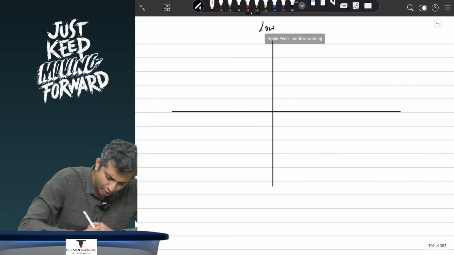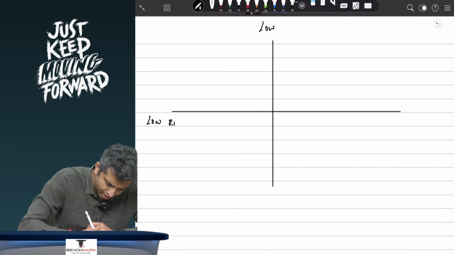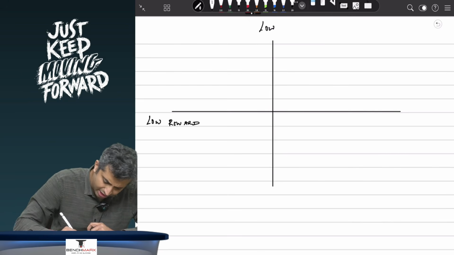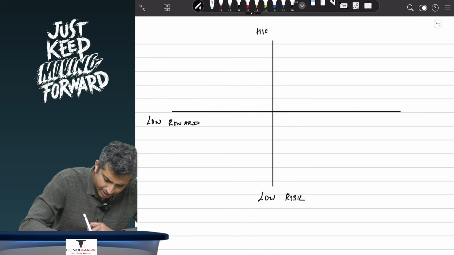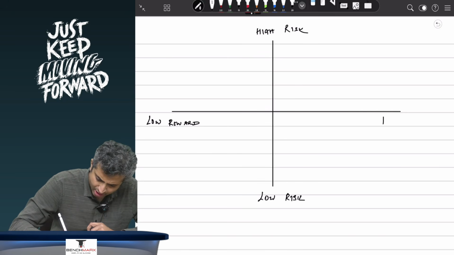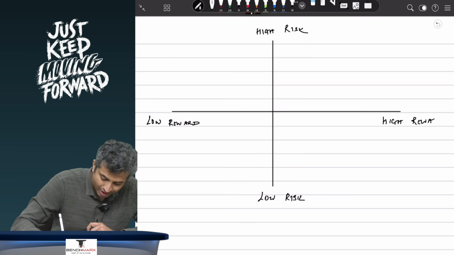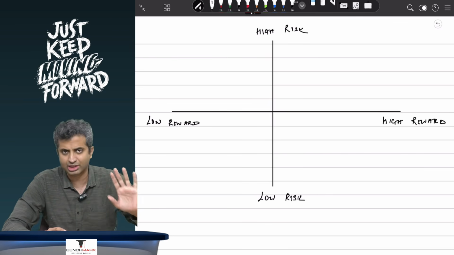Let us say this side is low reward, and this is low risk. The opposite will be at the top, there will be high risk, and on this side there would be high reward. So there are four ways you can manage your foreign exchange exposure.